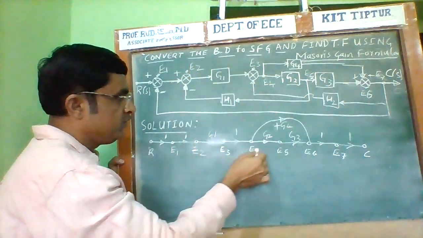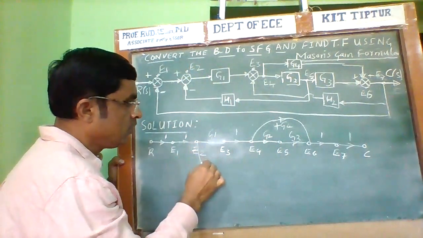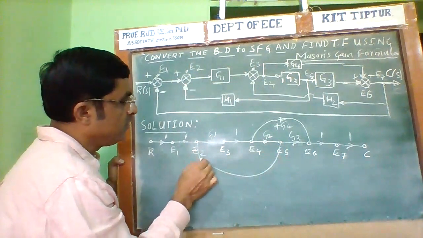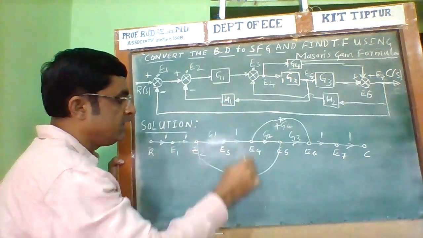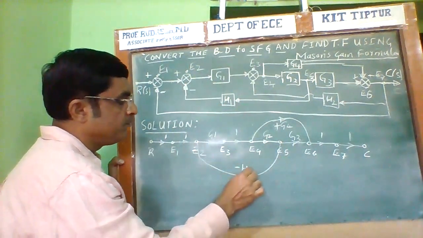E2 and E5 means E2 and E5. This is E2 and E5. There is a feedback path. This is the feedback path. Mention the gain. This is the gain, H1, along with the sign.